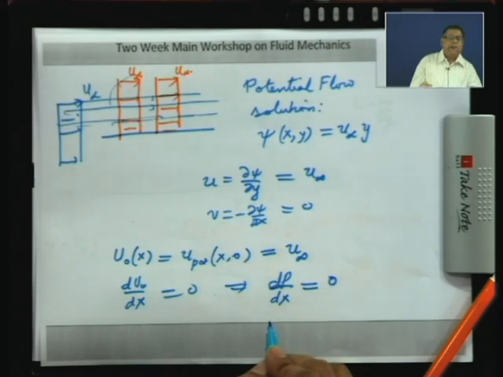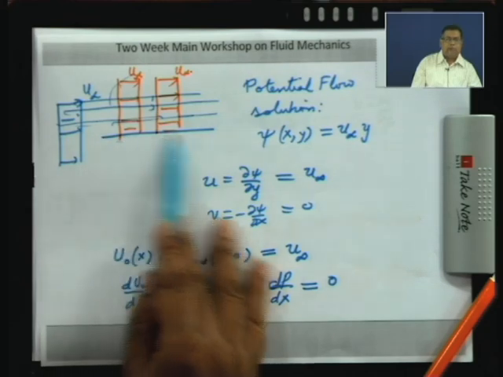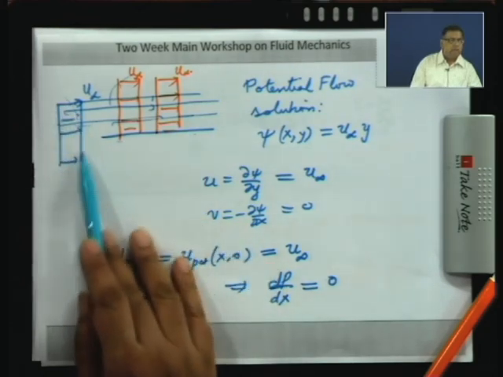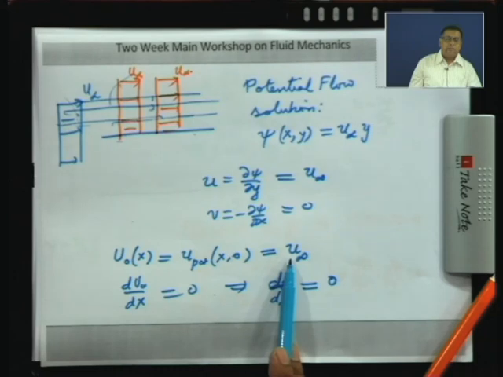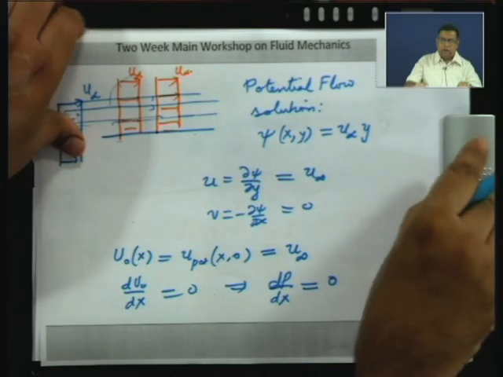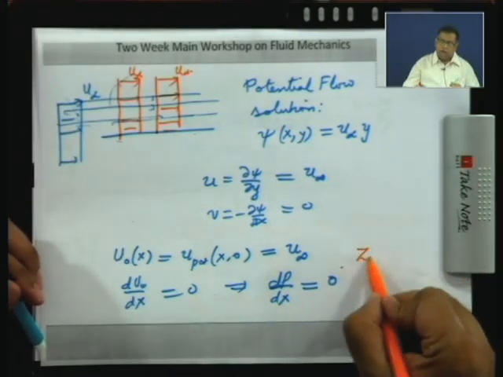So, this is the condition I had stated yesterday, that if you look at high Reynolds number flow past a flat plate which is aligned with the direction of a uniform oncoming free stream, the pressure gradient to a first approximation is 0 inside the boundary layer, and the velocity at the edge of the boundary layer is u infinity. But there could be cases where u 0 is not a constant, but a function of x. So, this is an example of what you call the zero pressure gradient boundary layer.